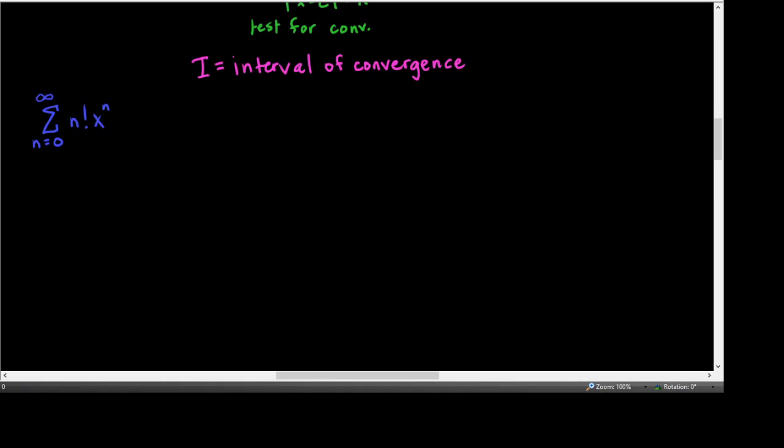Since the center of this one is 0, because x minus 0 to the nth would simplify to be x to the nth, we can test the center, of course, by putting in 0 into our formula for x.